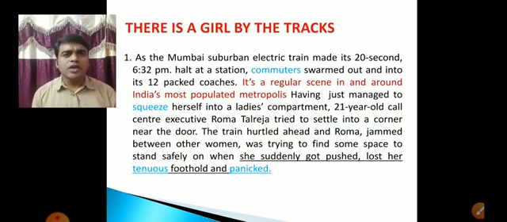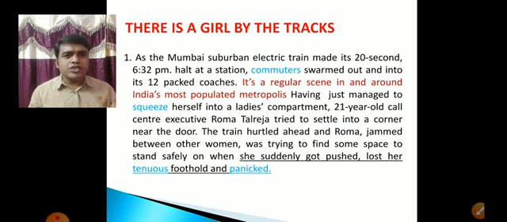Yes. As the Mumbai suburban electric train made its 6:32 p.m. halt at the 22nd station, commuters swarmed out and into its 12 packed coaches. It's a regular scene in and around India's most populated metropolis.